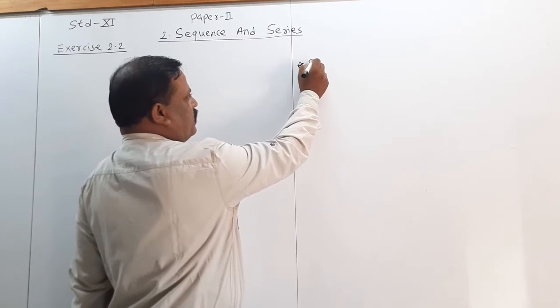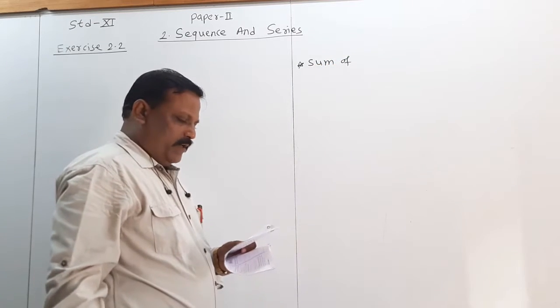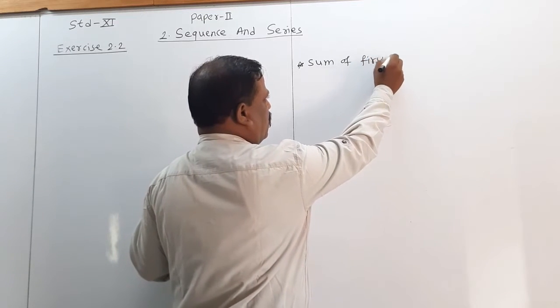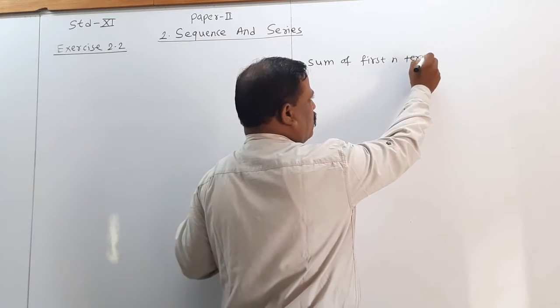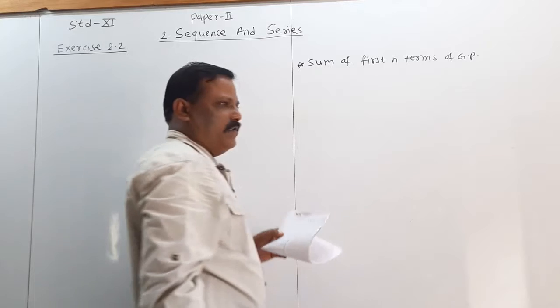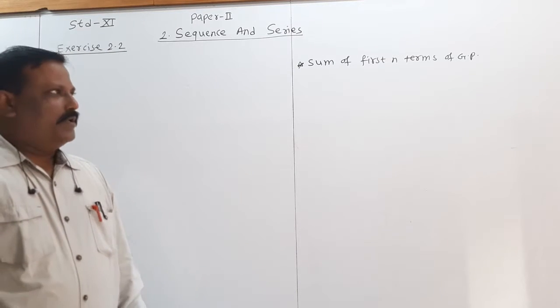The next point is the sum of the first n terms of a geometric progression, that is, the sum of the geometric progression.